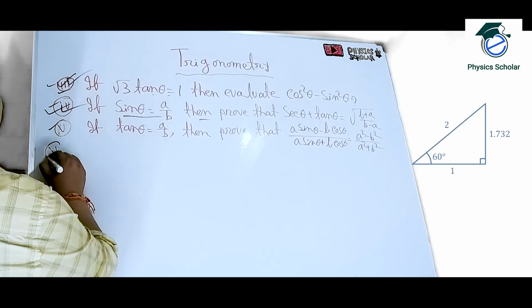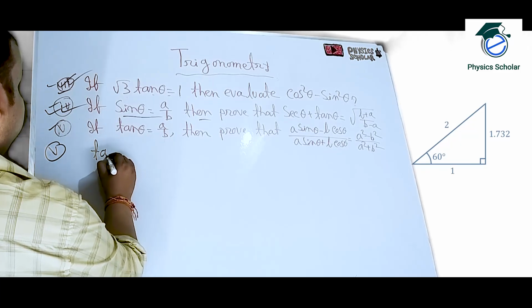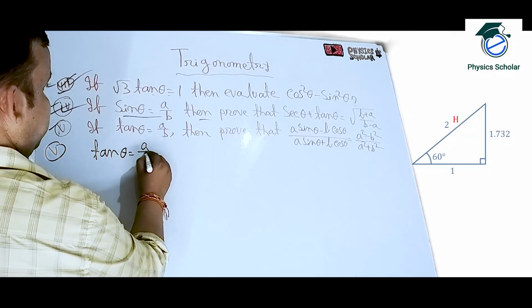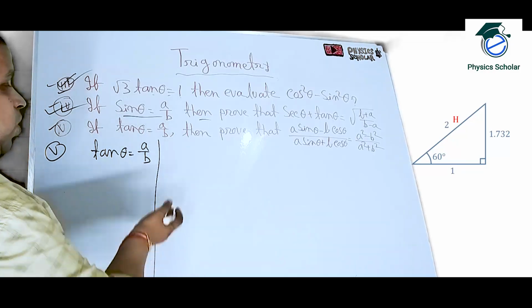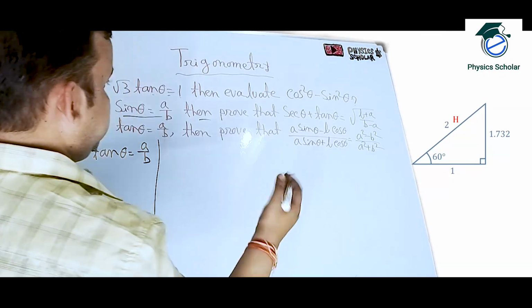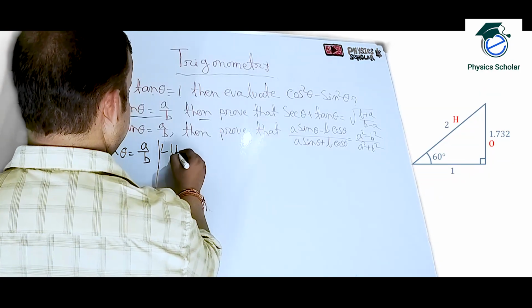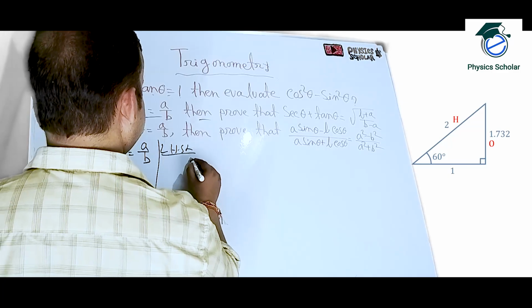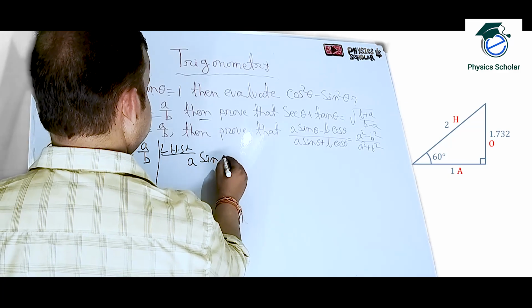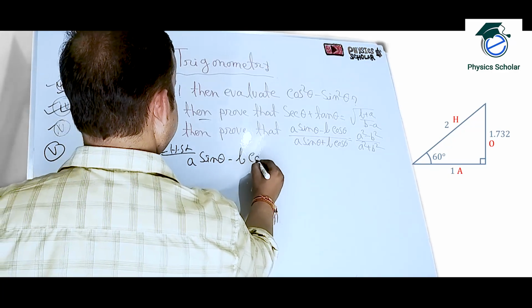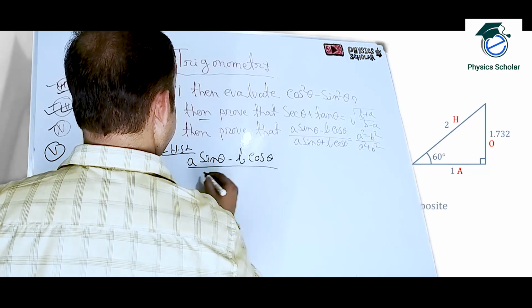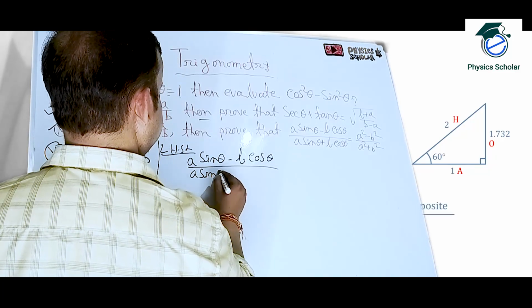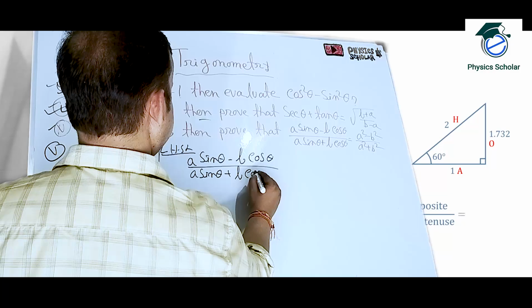So I am first using the simpler way. Tan theta is equal to A by B. How can we solve without taking perpendicular, base or something like that? Okay, so left hand side: A sine theta minus B cos theta divided by A sine theta plus B cos theta.